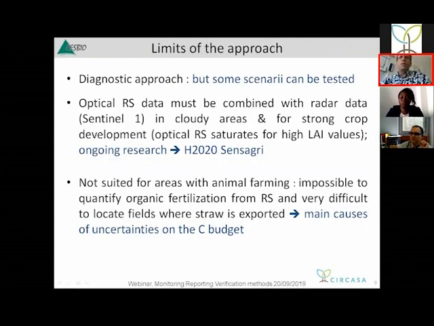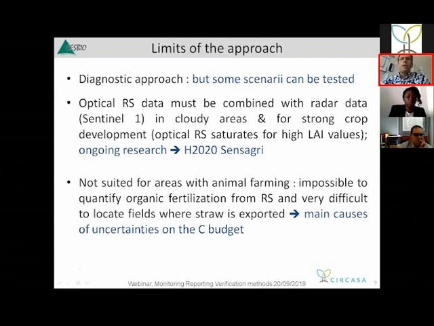So there are some limits to this approach. First of all, it's only a diagnostic approach, but we can test some scenarios, such as accounting or not for the regrowth events or cover crops that grow after the cash crop. We can also simulate what would be the effect of exporting straw or burying it in the soil.